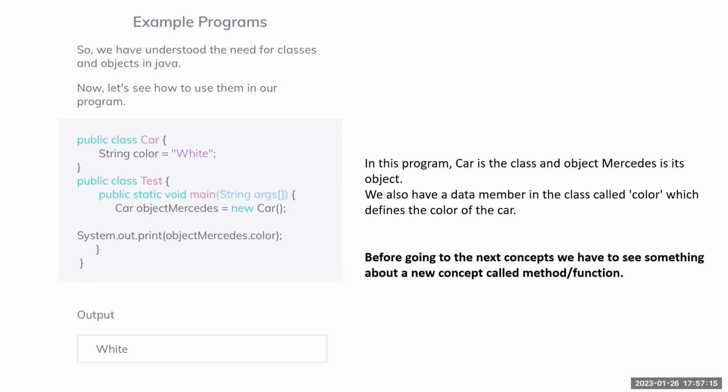Forget about the syntax that you don't know, because I'm going to cover it, don't worry. For now, we have created a class Car, and we mentioned that there is a color, white. I have created one more class, Test.